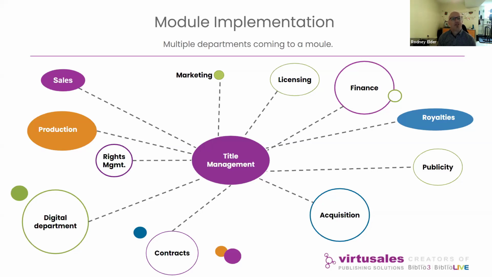Marketing need to know what books they're going to be promoting. Licensing, perhaps looking at what are the third-party rights that they've acquired for this particular book. And digital departments need to know all about the assets that are associated to a particular title. And the same goes across rights, acquisitions, publicity. And you look at that, across every module area, every department needs to interact with it.